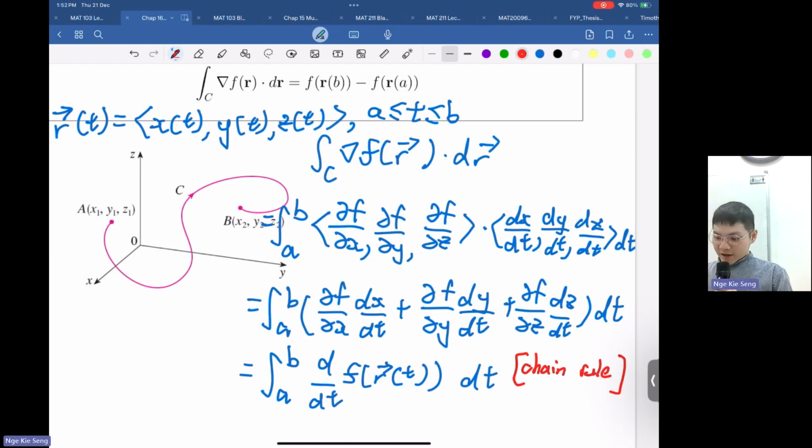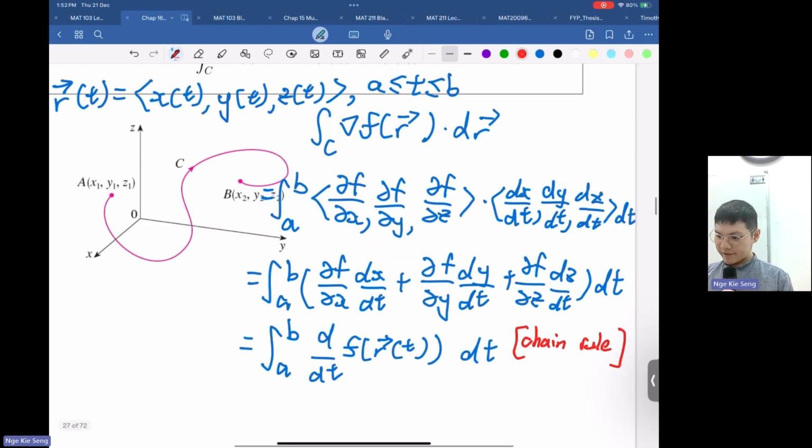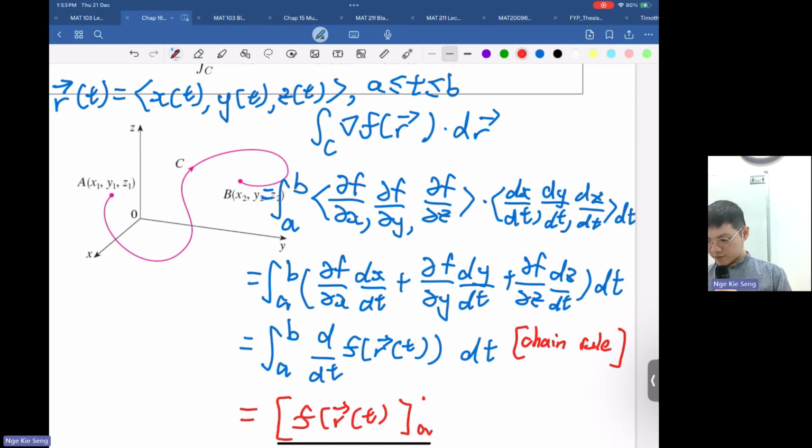But in this case we can use FTC now, because this is one variable. So this equals f of r(t) from a to b, and this part we use FTC.